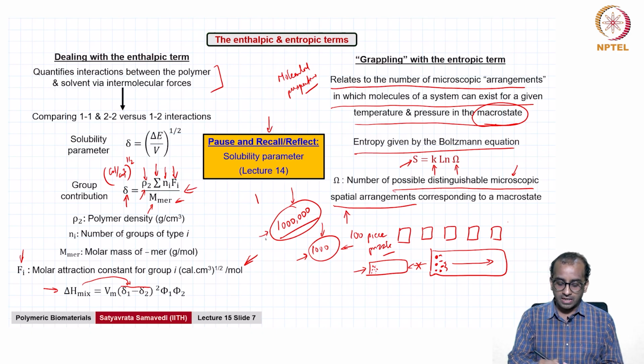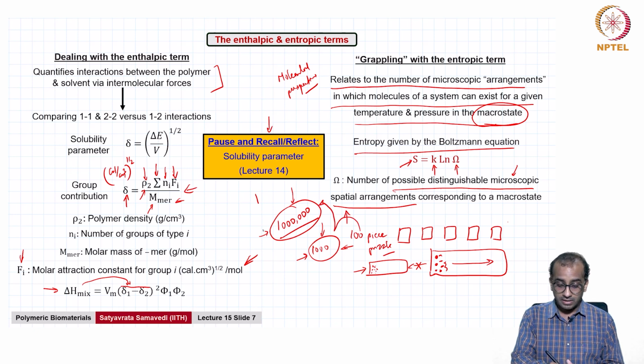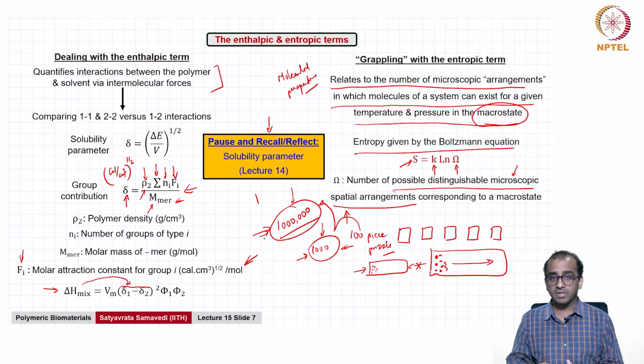And you note that as the number goes up from, say, 100 piece puzzle to 1000 piece puzzle to a 1 million and so on, these very large numbers are the kinds of numbers we will be dealing with in a real system of molecules. So, the probability of you finding all the molecules in an ordered state is far lesser compared to the probability that they will be more disordered.